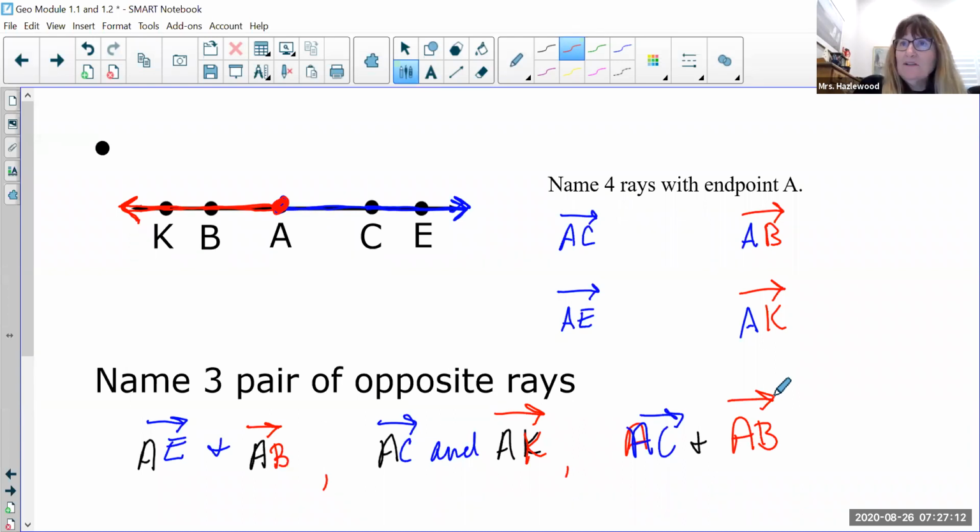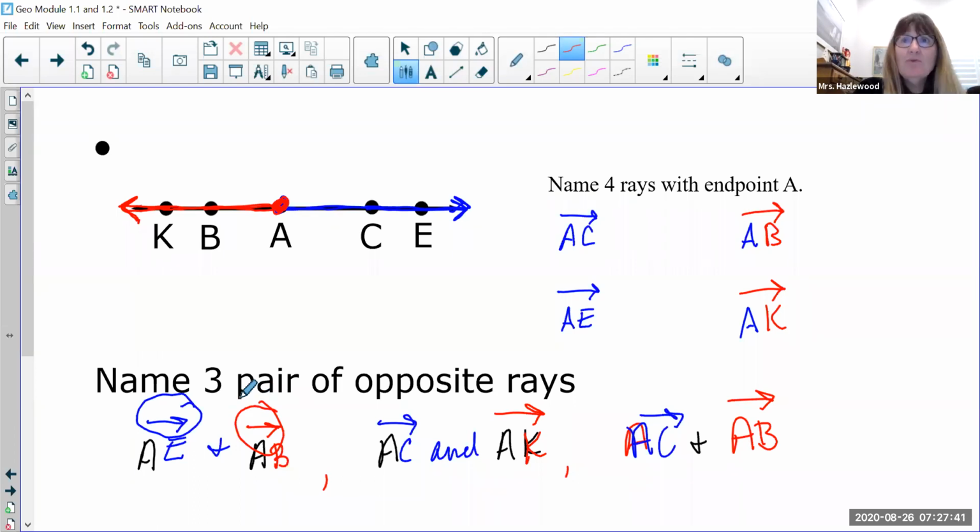Opposite rays are on the same line. They go in opposite directions. I know they're rays because of the notation here. That notation tells me they're a ray. And it's very important that you understand the notation for a ray, because you're going to take a quiz and it's going to say, name a pair of opposite rays, name a line, name a point, name a plane.